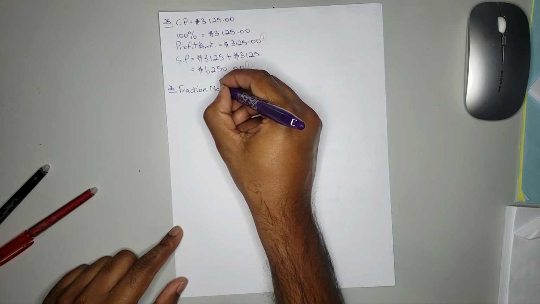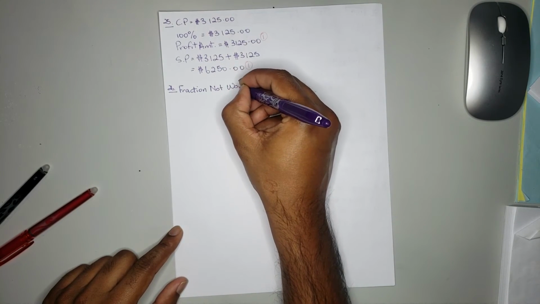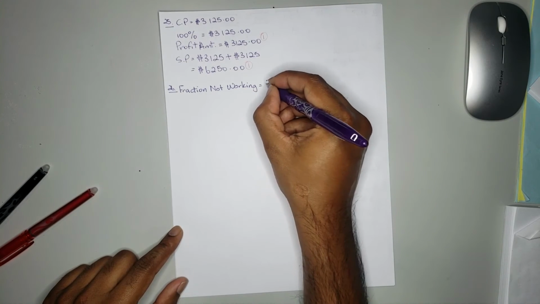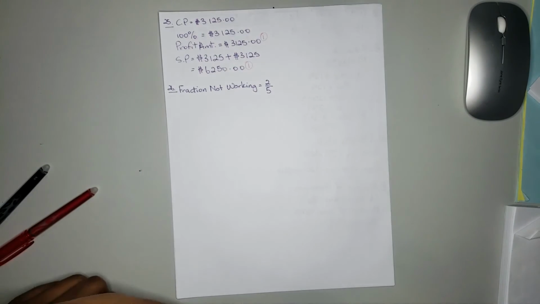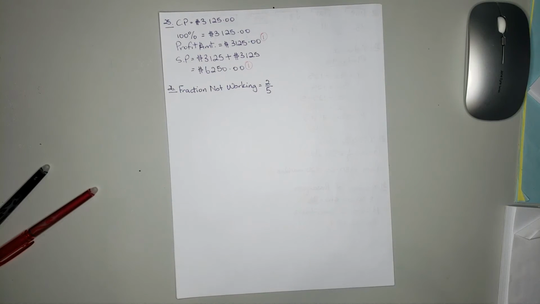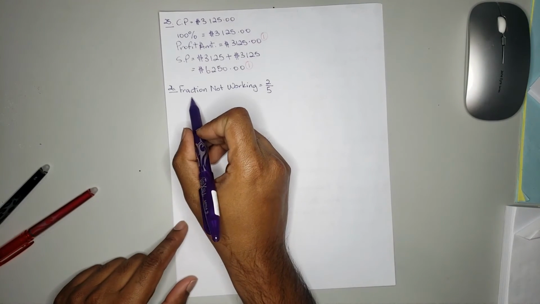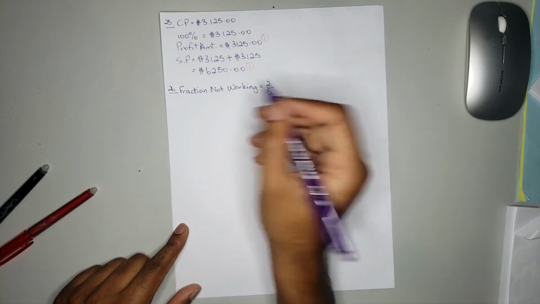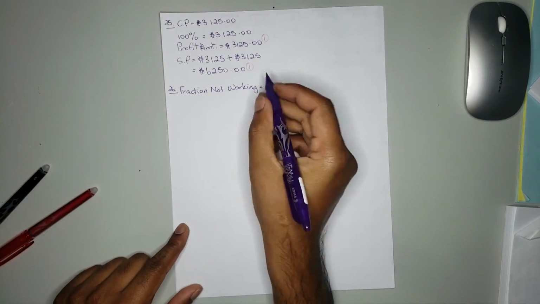Fraction not working is equal to 2/5. So you know 2/5 is not working. Alright, then they told us she also noticed 1/4 of the working pens were red. Good. So we know the fraction not working is 2/5, so therefore we could calculate the fraction of the pens that are working.